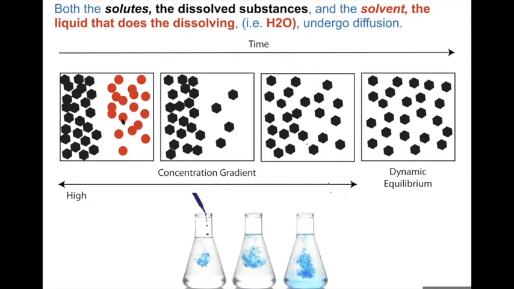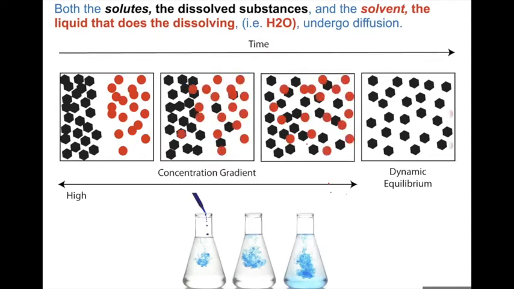So what's going to happen to these water molecules? They're going to move toward their low concentration, which is toward the area of the solute, because this has displaced the water right here. So at the same time that this solute is moving down its concentration gradient, the water molecules themselves are going to be doing the same thing in the opposite direction.